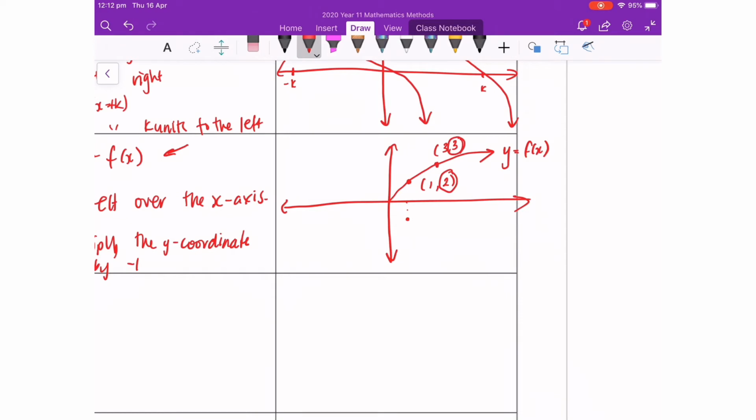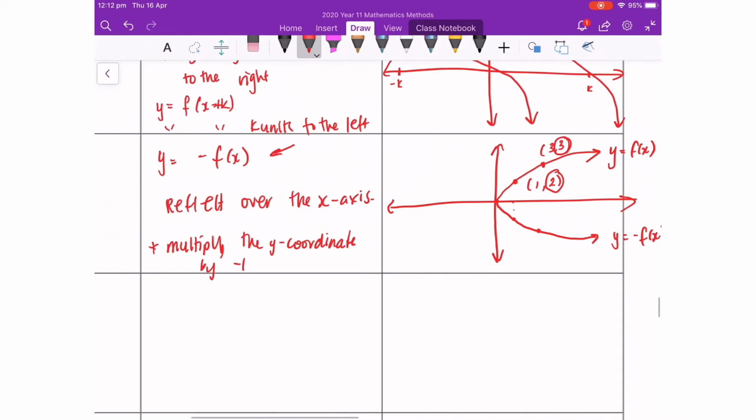I'm going to go across 3, down 3. That would be my next spot, and so forth. It helps us figure out how to plot it over the x-axis. So this would be y equals negative f of x. That's what happens to your function if it is multiplied by -1 and becomes a negative.